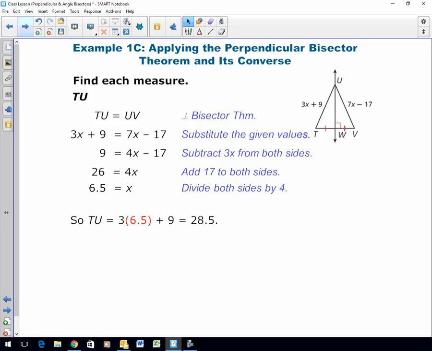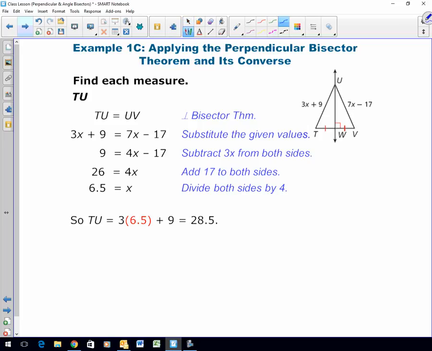I'd call it the perpendicular bisector. I have to look at this diagram and recognize right angles are formed and two congruent segments exist. That would be the perpendicular bisector.